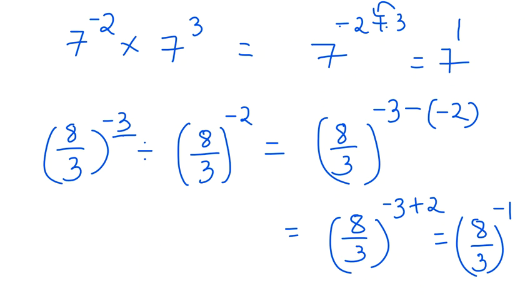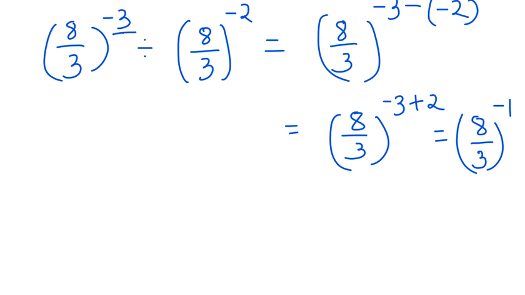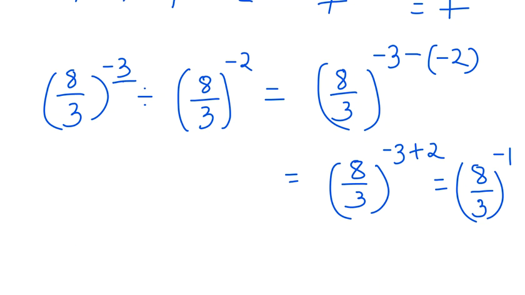Now if I want to make it a positive power, this answer is also correct. But if I want to make it a positive power, what will I do? I will just change the base by switching its sides, or you can say take the reciprocal. So what's the reciprocal of 8 upon 3? 3 upon 8 and then raised to 1. I think this is clear.